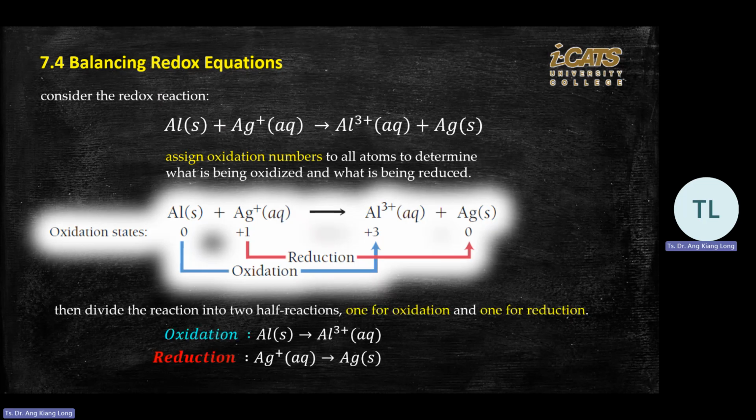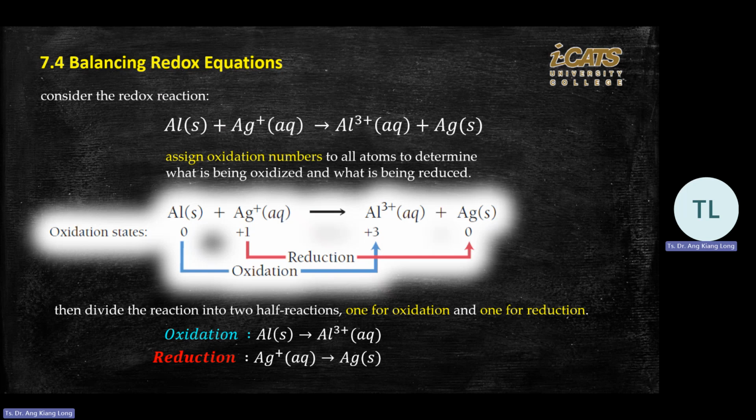The rest you read. So the next step, when you see a question asking you to do balancing, you do the steps that we explained just now. You need to add in these two half equations. After you have done the oxidation state, you draw the blue arrow, you draw the red arrow.